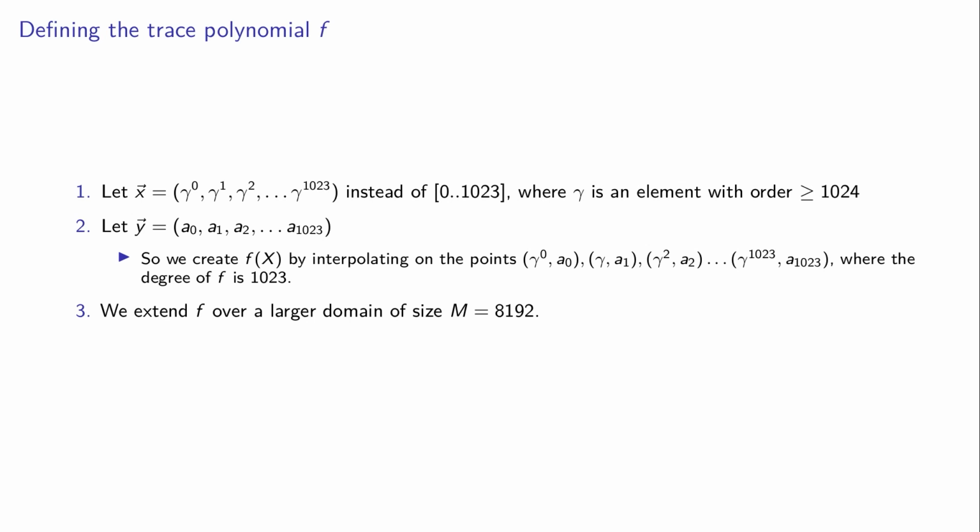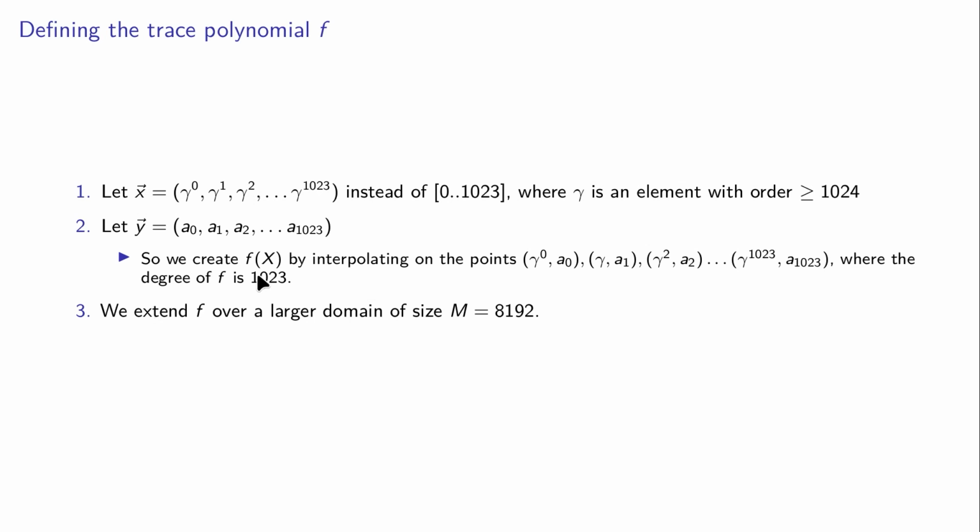The first thing that we need to do is define the polynomial. So pay attention, the y's are really the same values of the sequence, but the x's are not simply the interval from 0 till 1023. Instead, we will use some gamma, which is an element in this group of high order, and we will use the powers of gamma as the basis for x.